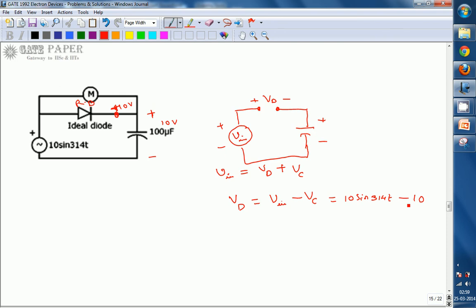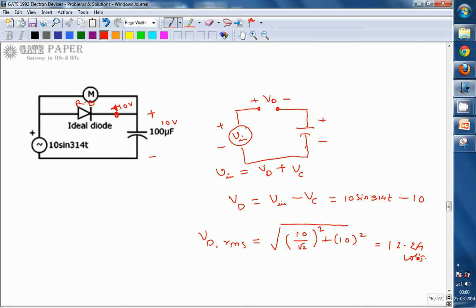The moving iron voltmeter is placed across this ideal diode, whose waveform you get with the help of KVL. If you measure the RMS value of this, Vd RMS is the square root of (10 by root 2) whole square plus 10 square, which is equal to 12.24 volts.